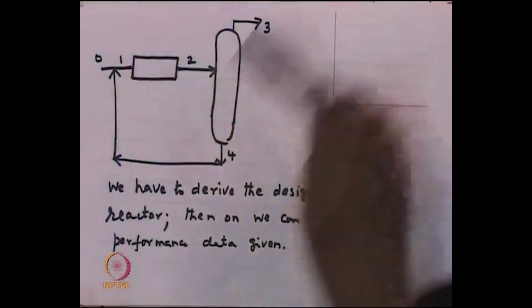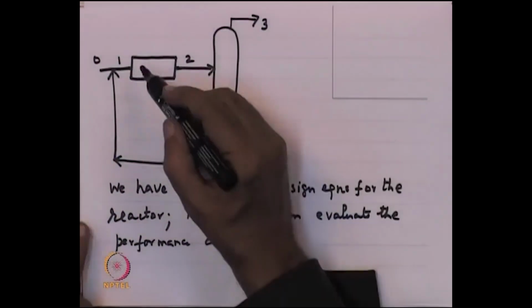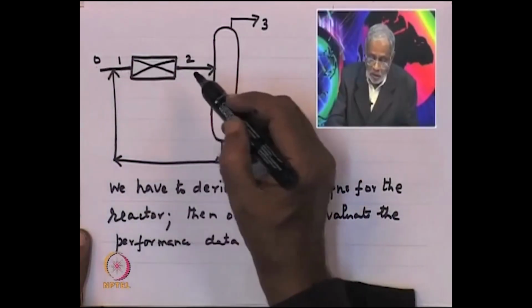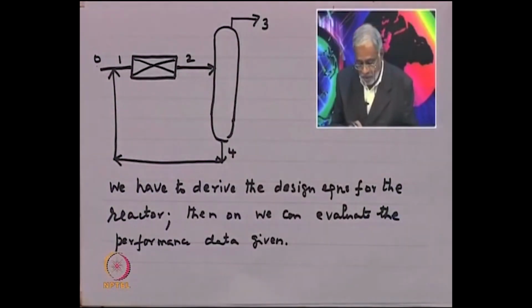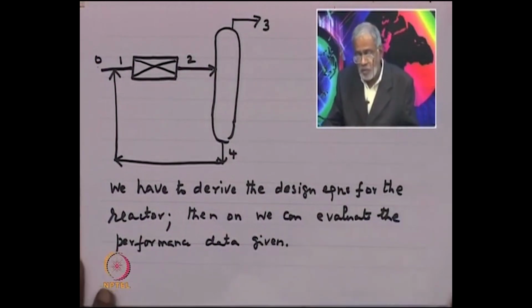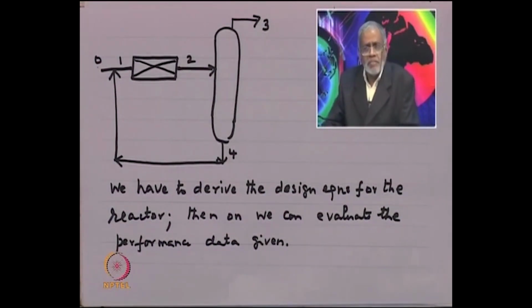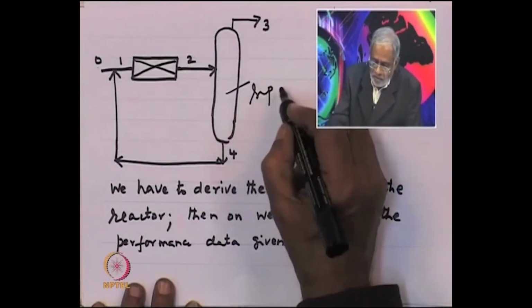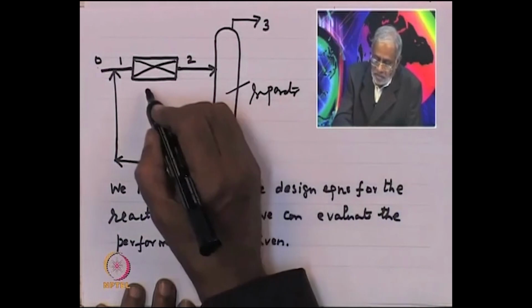I have drawn the same figure once again. We have this catalyst, and I have denoted the positions as 0, 1, 2, 3, 4. There are a few things we can recognize very quickly: this is a separator, and this is the reactor.